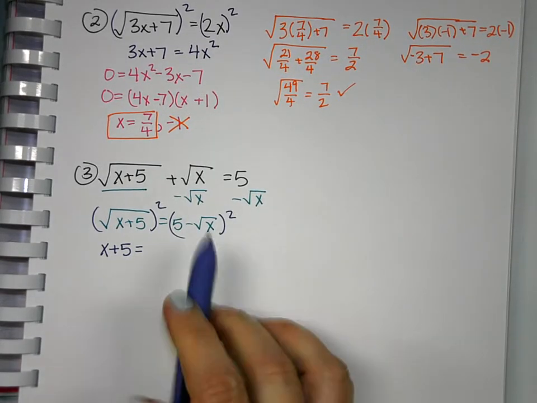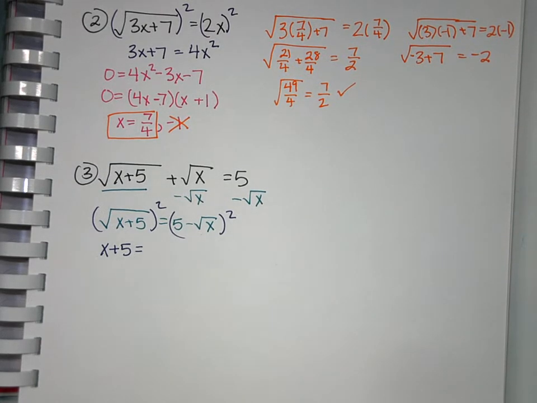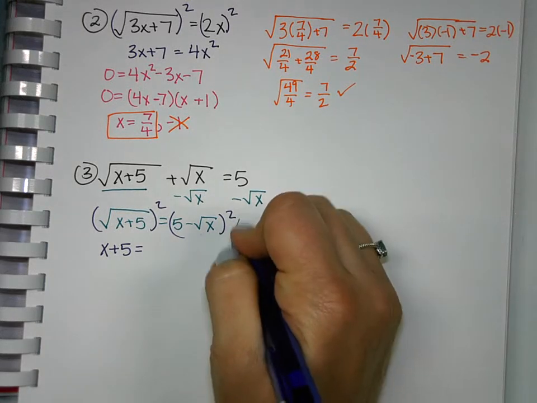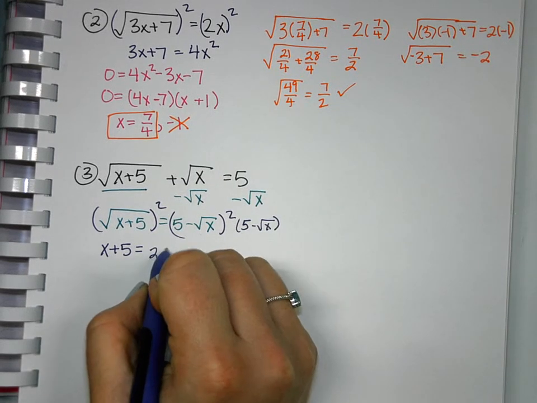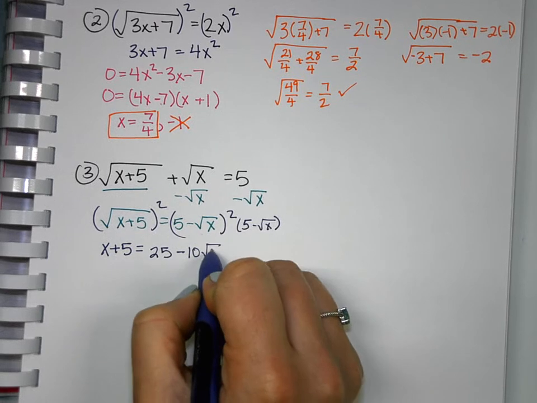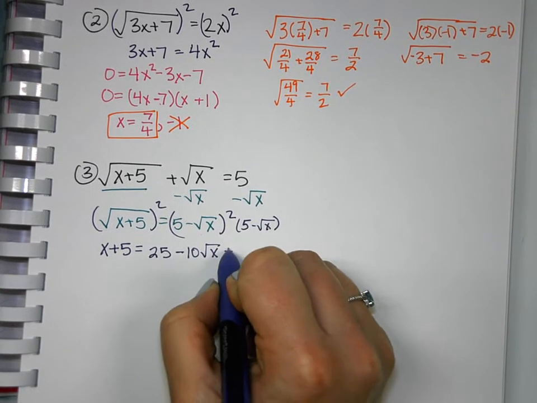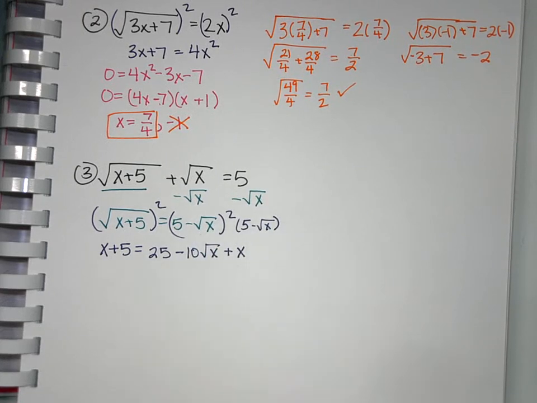So we cannot do 25 minus x. That doesn't work. You actually have to write it out twice and FOIL it. So when you write it out twice and FOIL, you get 25 minus 10 square root x plus x, because at the very end these two multiply together to give us just x.